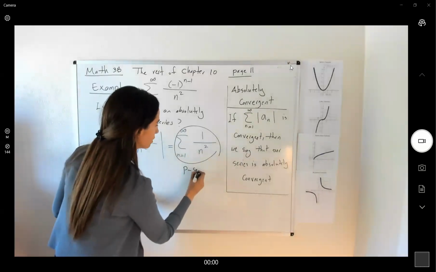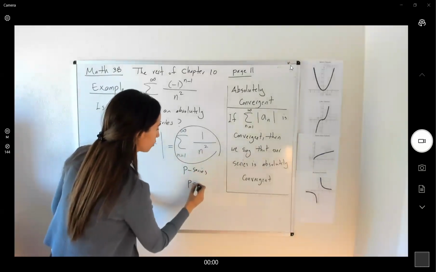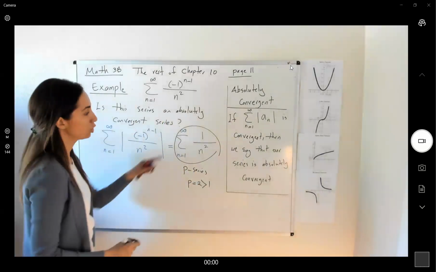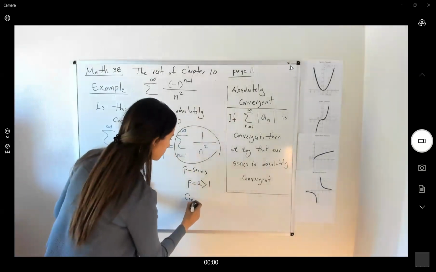This is a p-series with p equal to 2, greater than 1, so this series is convergent.